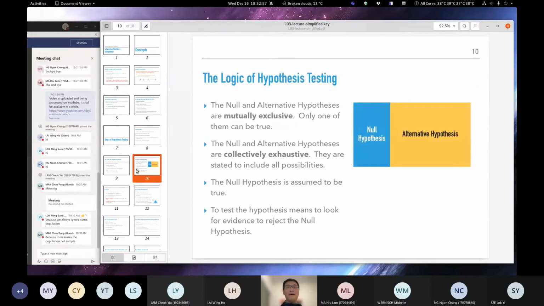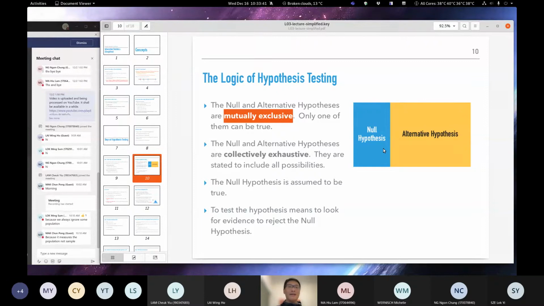Now, but when you write down the hypothesis, it is very important that you follow these rules here. The null hypothesis and the alternative hypothesis, now you see that they should be the opposite to each other. Now, in the language of logic, I would say that the null hypothesis and the alternative hypothesis are mutually exclusive. Mutually exclusive means that there is no overlapping here between them.